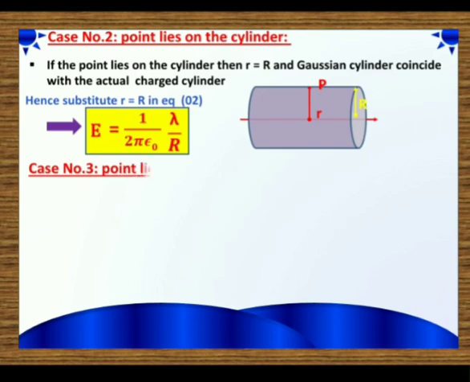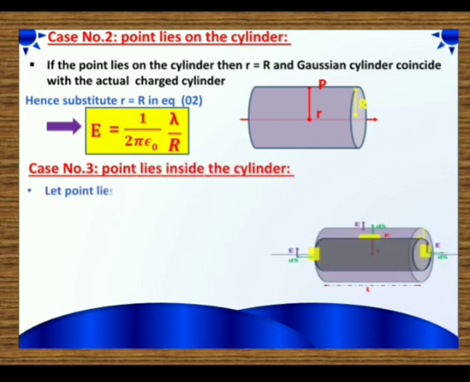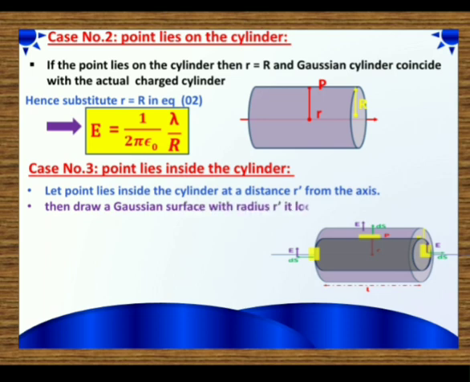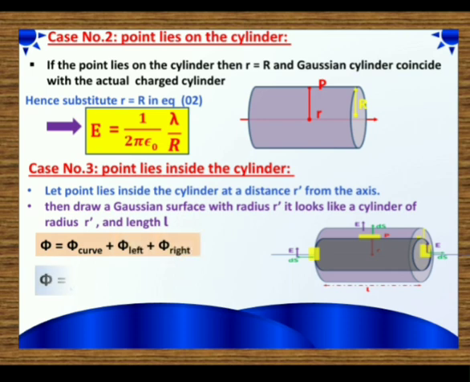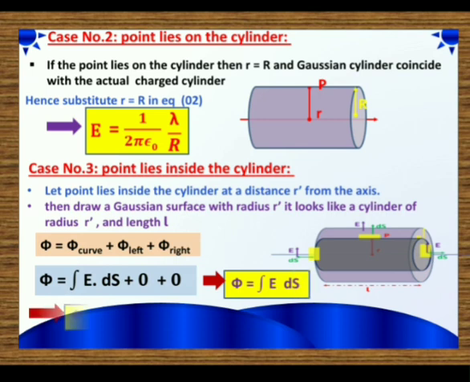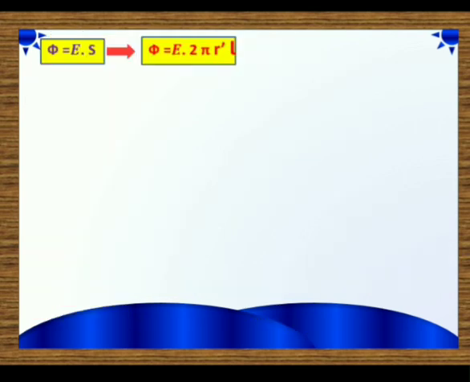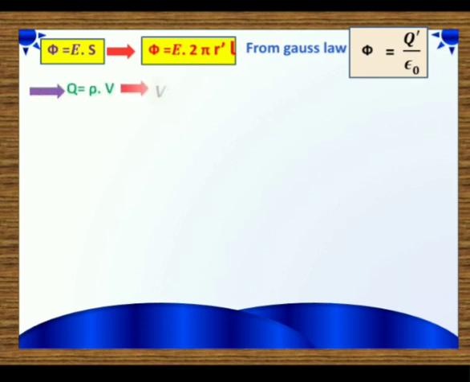Now case number 3, point lies inside the cylinder. What I have to do is draw a Gaussian cylinder inside the cylinder. Again phi becomes phi curved plus phi left plus phi right, left and right become zero, then I will get E into S, S is the surface area. Now if I substitute here, actually q prime is the charge inside the cylinder.